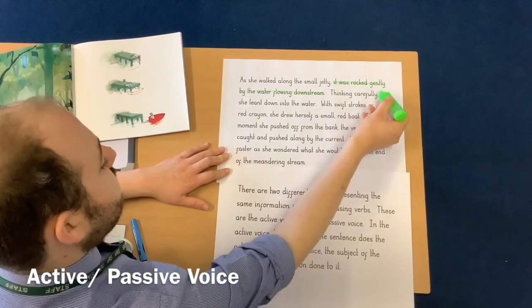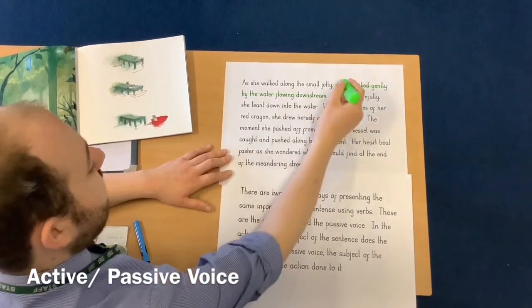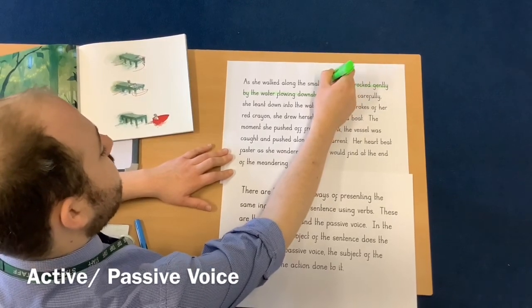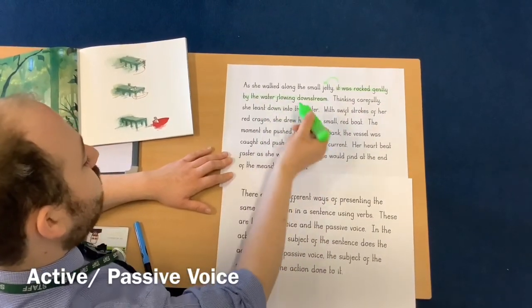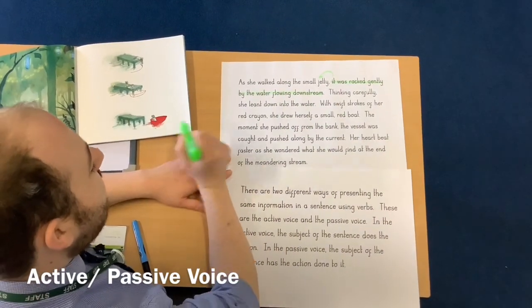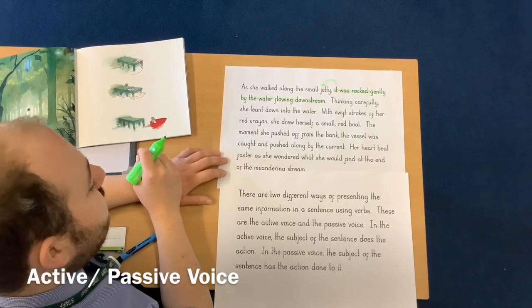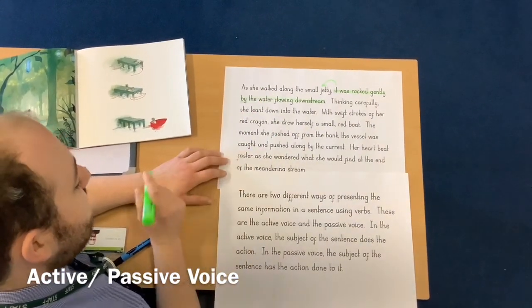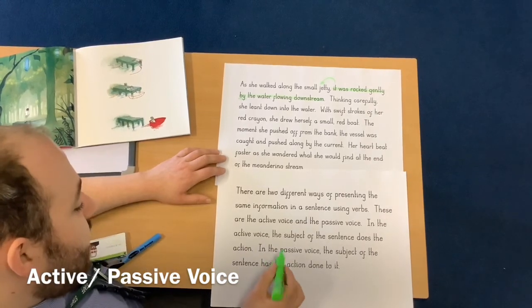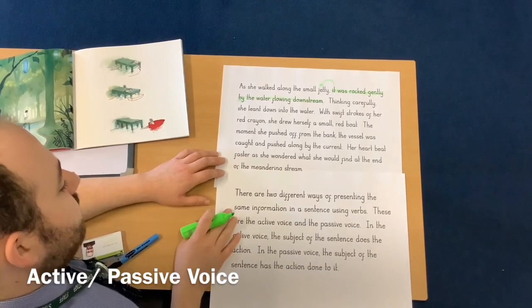It was rocked gently by the water flowing downstream. It, referring to the small jetty, was being rocked by the water flowing downstream. And that sometimes can be a little trick or hint to find out where the passive voice is, that word, by. It tells us that the subject of the sentence has the action done to it.